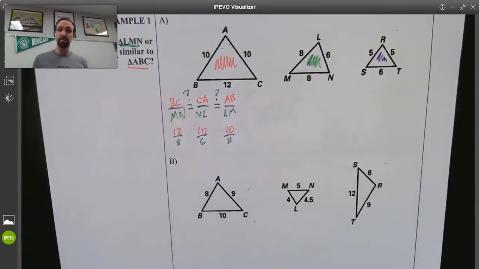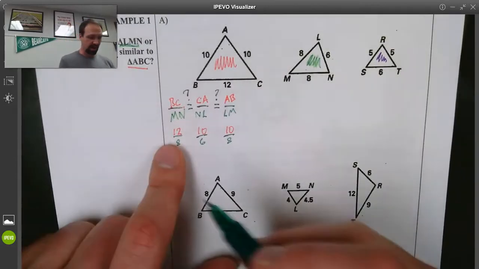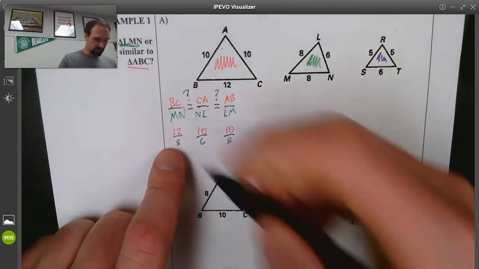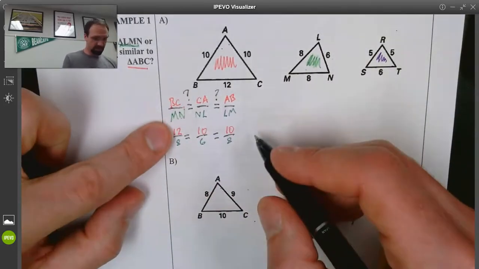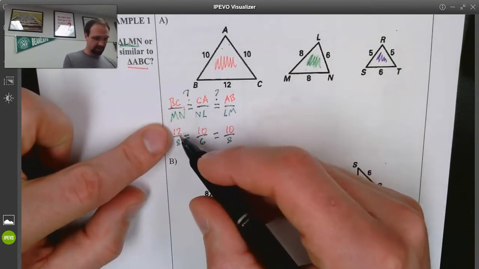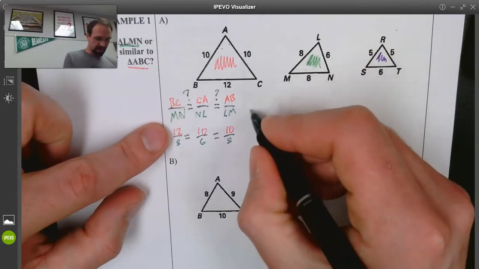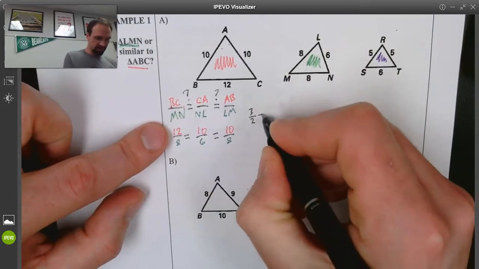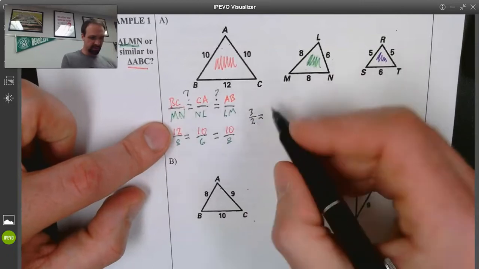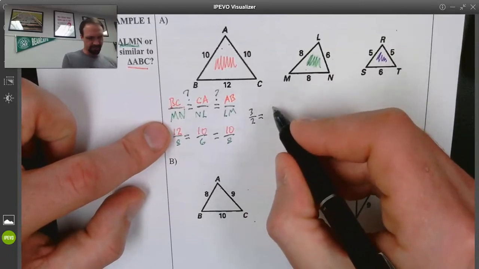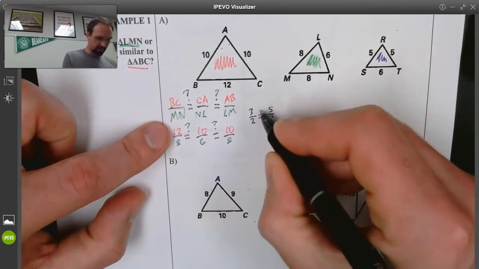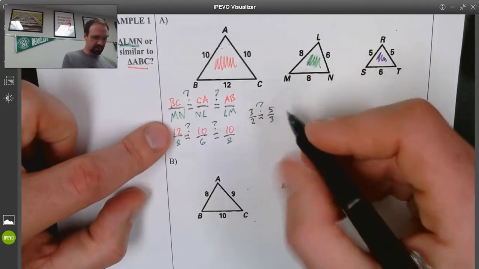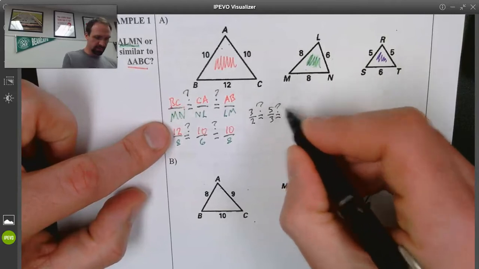So these can reduce, so I need to see if they reduce all to the same values. So looks like 4 goes into both of those. That gives me 3/2 for the first one is equal to, 2 goes into both of those, 5/3. Again, question marks because we don't know if this is true or not. 2 goes into both of those, and that's 5/4.